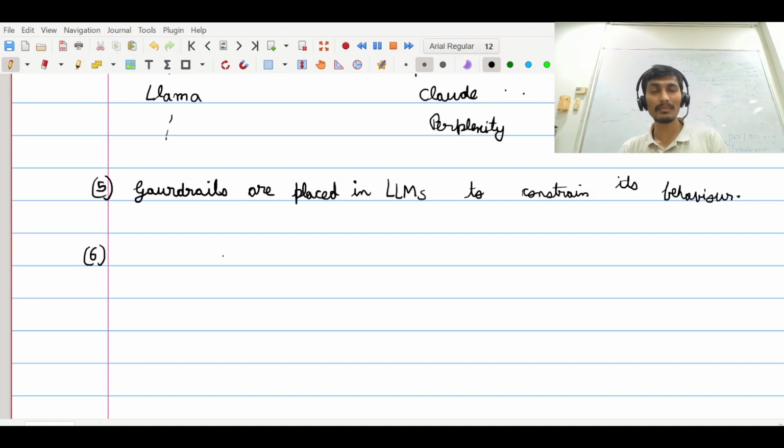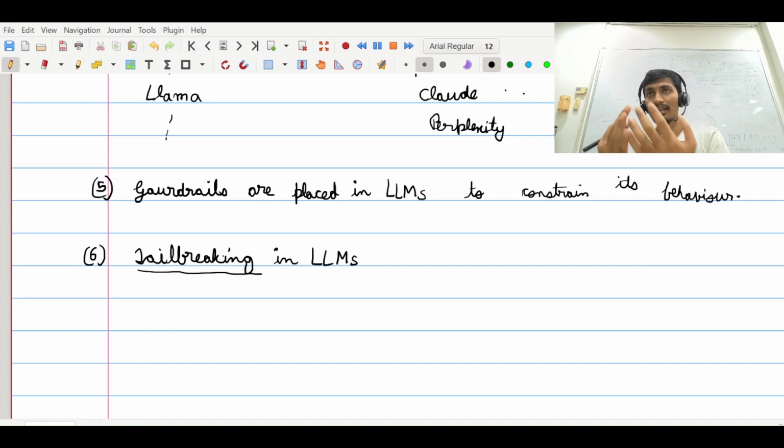So those mechanisms have another term called jailbreaking in LLMs. So jailbreaking means what? Now the language model is constrained.